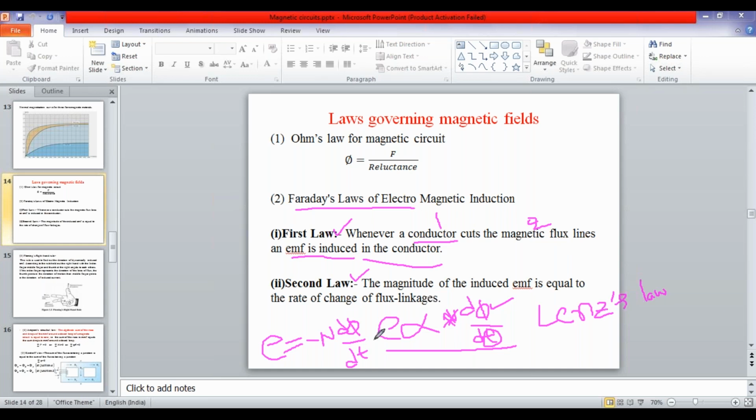So the negative sign is because of Lenz's law. E is the effect. The induced EMF is the effect, and the cause is the rate of change of flux linkages, d phi by dt. The direction of the induced EMF is opposite to its cause. So here you get a negative sign.